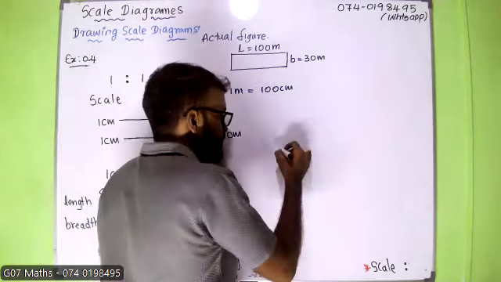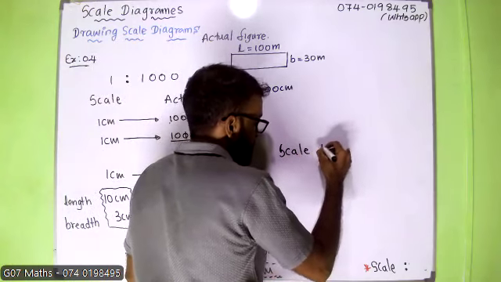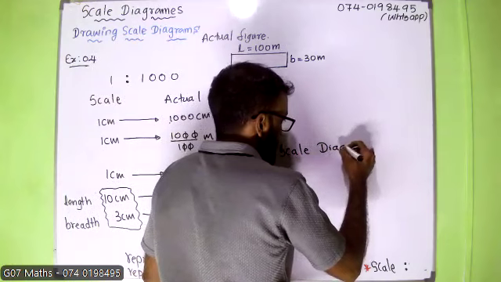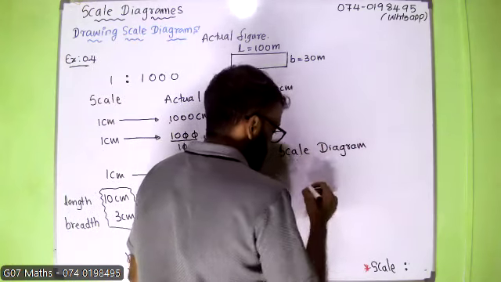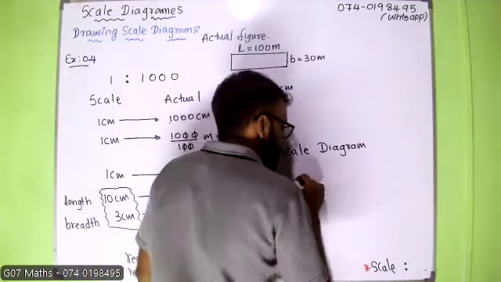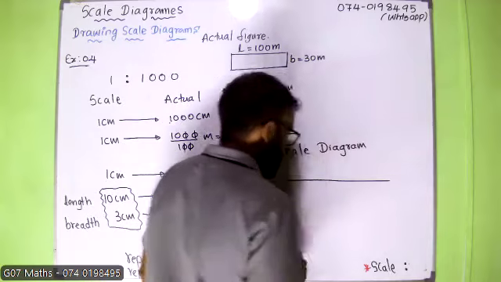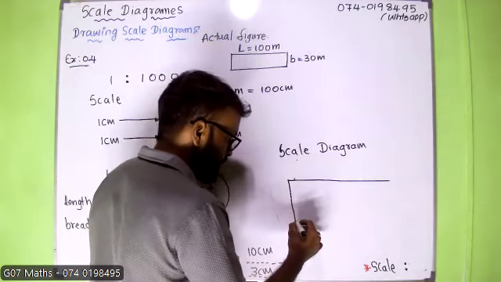So I will draw. This is my scale diagram. Take your ruler and mark a 10 centimeter length straight line. And take your ruler, mark a 3 centimeter breadth.